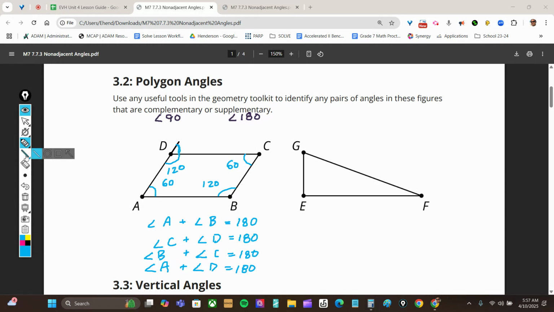If you extended the lines out in all directions, you could create more supplementary angles this way. Like you could create some more supplementary angles that way.